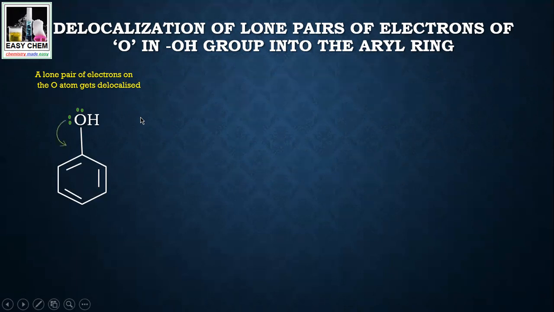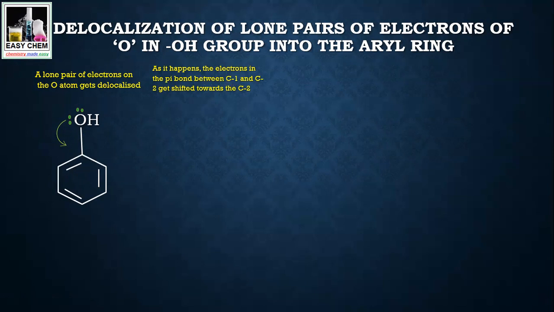See, the arrow shows that. When electrons come towards the first carbon, there is a double bond between the first carbon and the second carbon. The pi electrons in the double bond get pushed towards the second carbon atom. As it happens, the electrons in the pi bond between carbon 1 and carbon 2 get shifted towards carbon 2, as shown in this arrow.